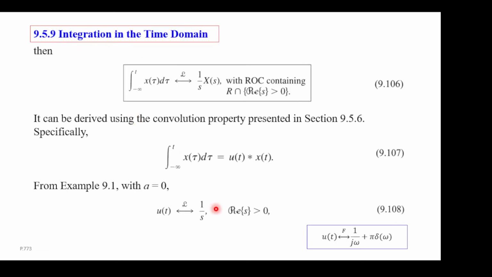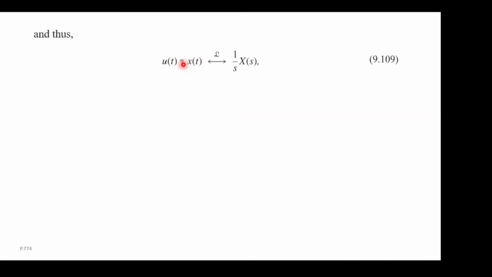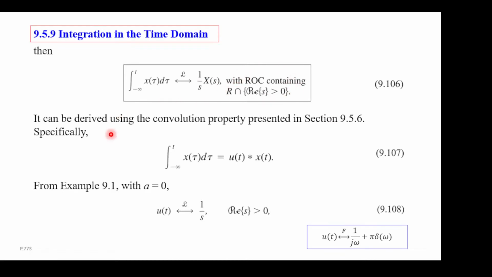So it's just 1 over s, with the real part of s bigger than 0. And x of t has a Laplace transform big X of s with whatever our ROC. Taking them together, the Laplace transform of the convolution should be just 1 over s times big X of s, with this ROC.